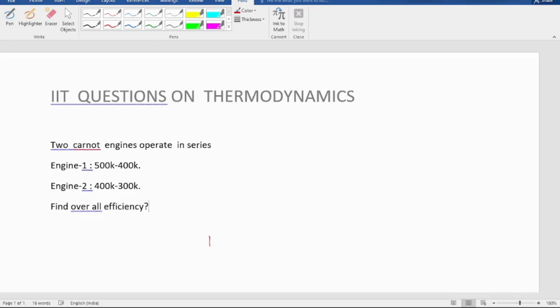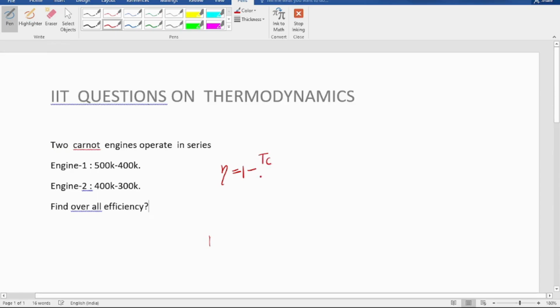So first of all, we have to find out which formula we are supposed to use for the Carnot efficiency. Here, eta is equal to 1 minus Tc by Th. This is the formula we have to use. Eta represents the efficiency of the engine, here the total efficiency.